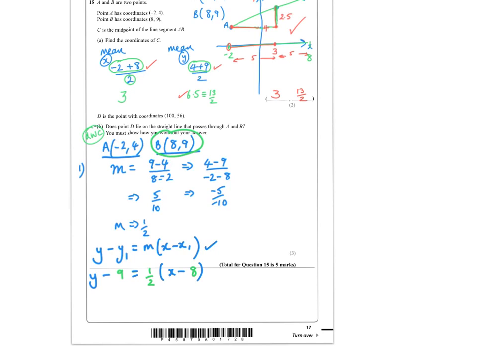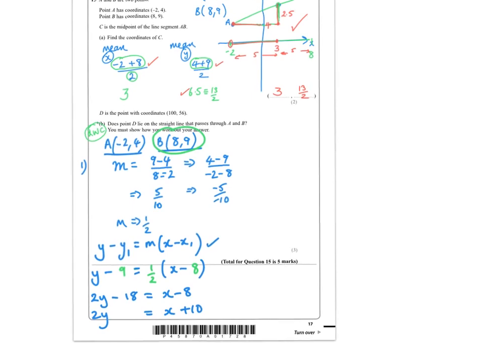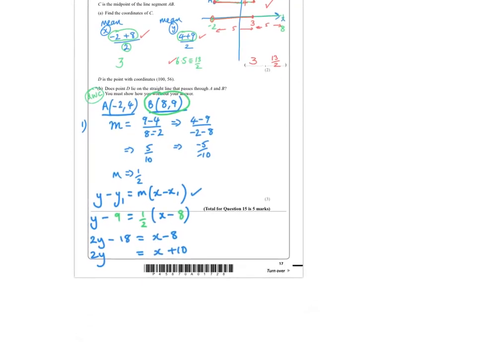You put the numbers in that you know, and then you can times everything through by 2, so you'd have 2y minus 18 equals x minus 8. So 2y would be x, and we add 18 to both sides, plus 10. And if you want, you can just divide both sides by 2, and we'd have y equals x over 2 plus 10.